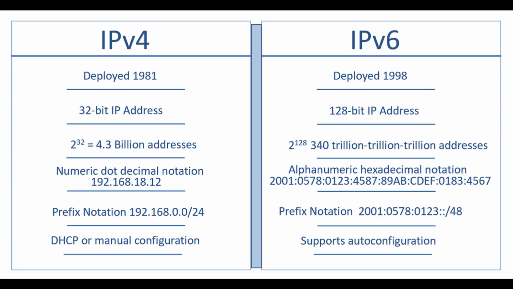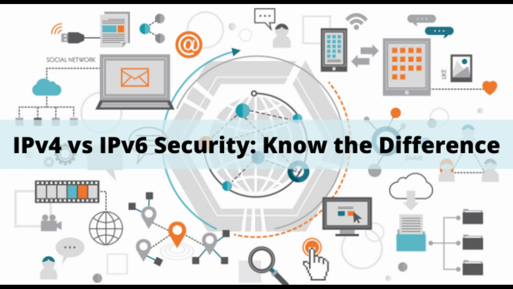IPv6 has more efficient routing capability, including the ability to distinguish delay-sensitive packets for better quality of service. The header structure: IPv6 has a simplified header structure compared with IPv4, leading to faster processing by routers.